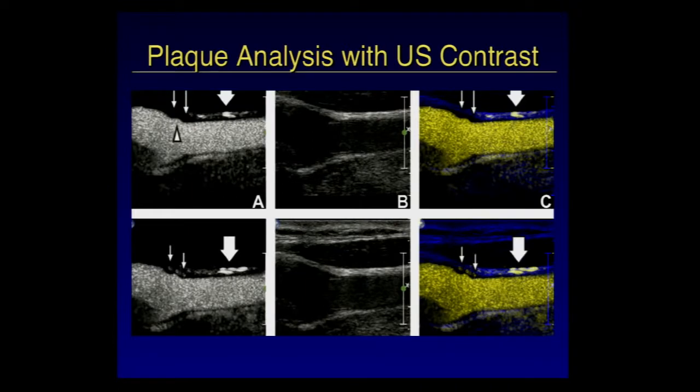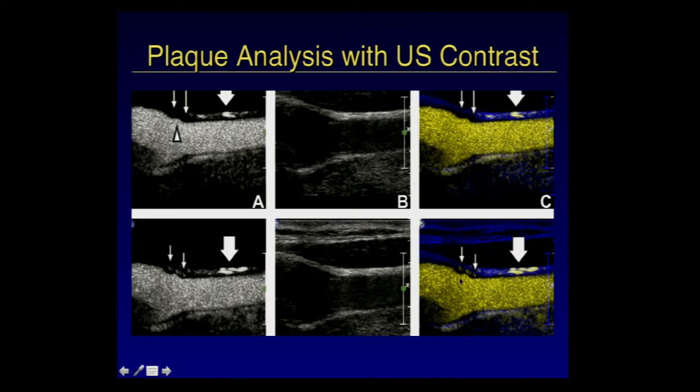One last thing from the literature: we have not done carotid artery ultrasound contrast exams at UAB for a long, long time, but I'm hopeful that this will happen. There are some reports now of looking at the vascularity of plaques, and this is the money slide. These are superimpositions of the grayscale with contrast, and you can see that the lumen doesn't go all the way up to the wall because there is a little bit of plaque there.